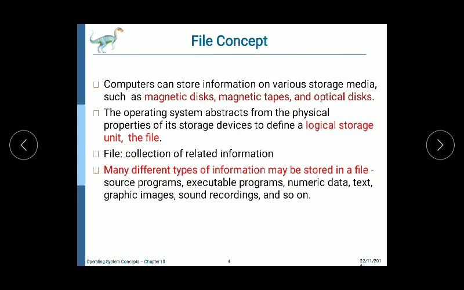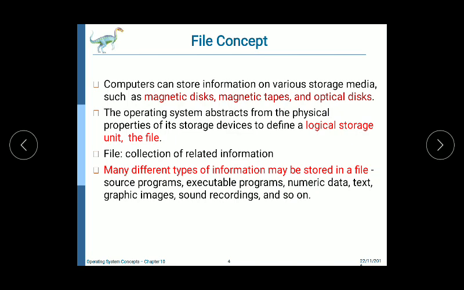The operating system abstracts from the physical properties of its storage devices to define a logical unit, that is, file. Files are mapped by the operating system onto physical devices. These storage devices are usually non-volatile, so the contents are persistent between system reboots.